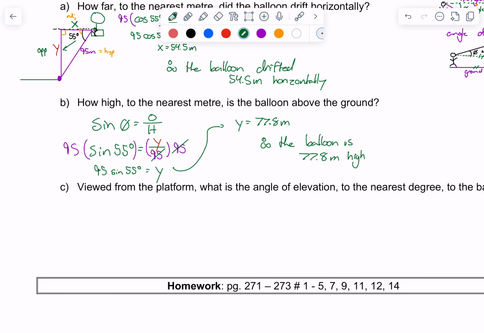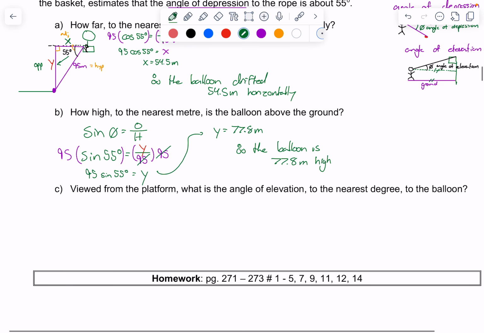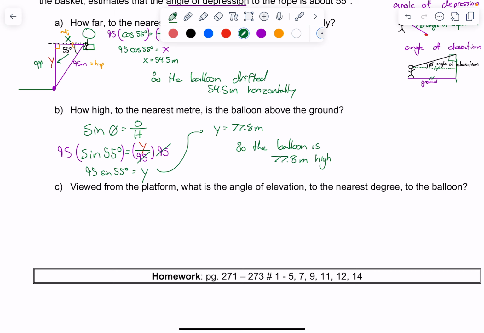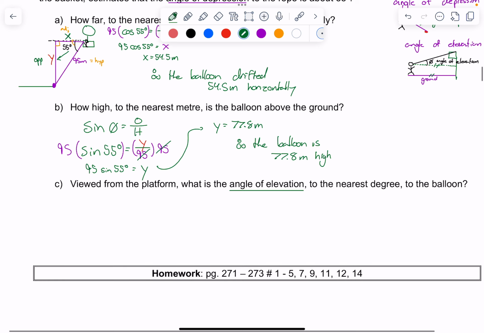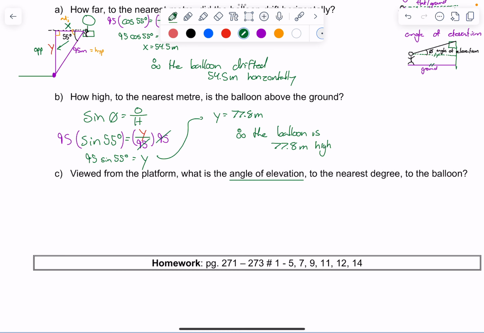Okay, last part. Viewed from the platform, what is the angle of elevation to the nearest degree of the balloon? Angle of elevation. So if you have this platform right here, and the balloon is up here, and you are standing right here, angle of elevation, well, what angle would you have to look up to see that balloon? What angle would this be right here?